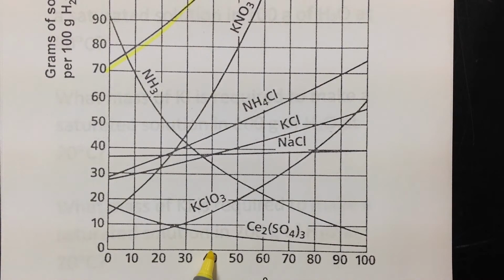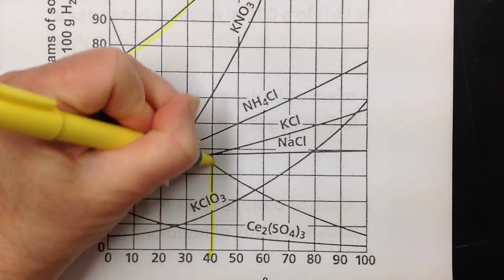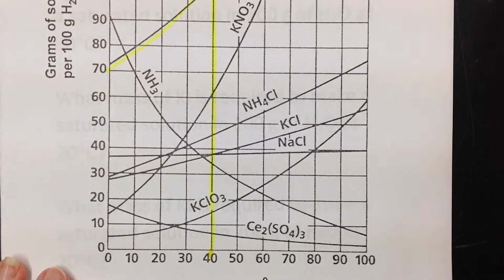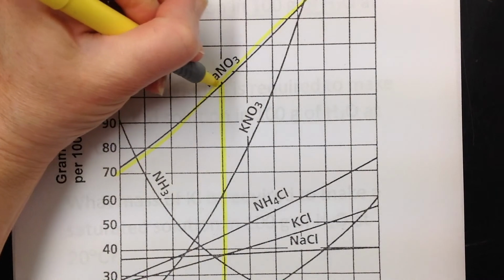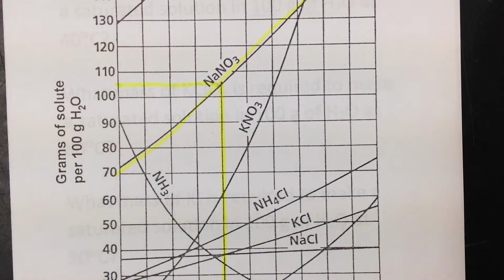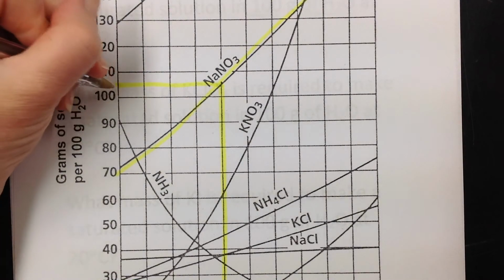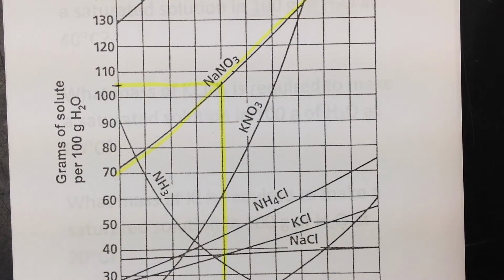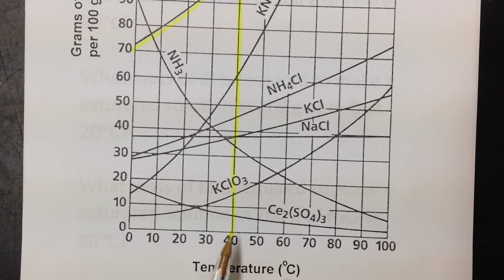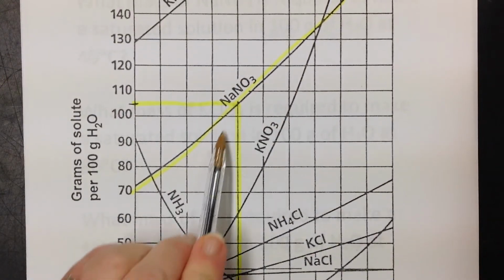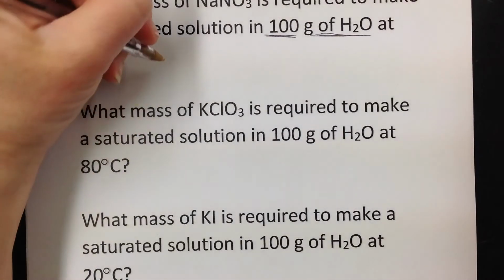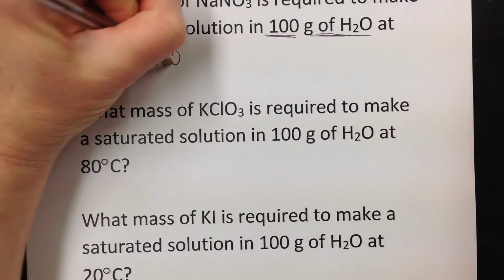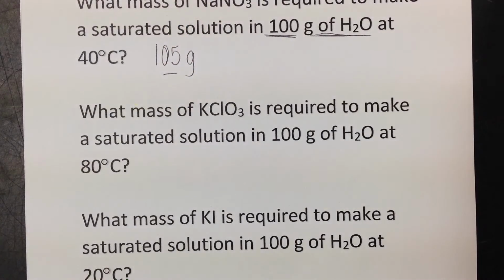So you are going to follow 40 degrees up to that sodium nitrate line, and then you're going to come over here to your grams of solute. And this looks like about 105 grams. So at 40 degrees Celsius, we can dissolve 105 grams of sodium nitrate in 100 grams of water. So our answer is 105 grams.